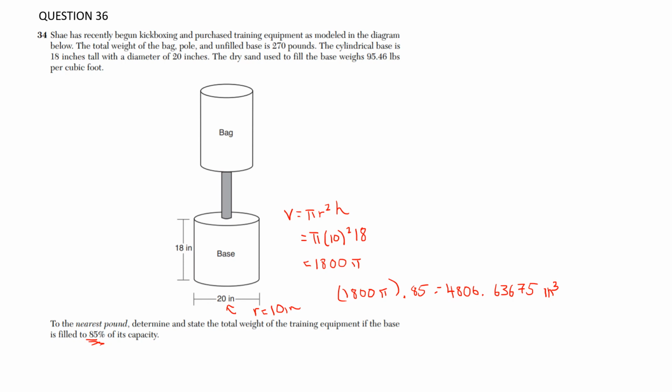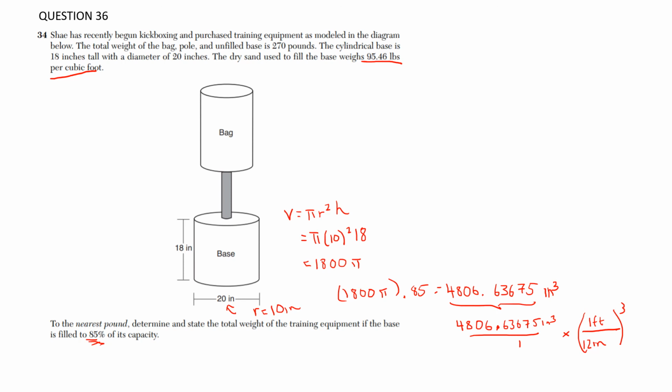And again, the information given to us is that to find the weight of this, we have 95.46 pounds per cubic foot. We calculated this in cubic inches. Let's convert it. We have 4806.63675 inches cubed, and let's try to cancel that out. We know that there's 12 inches in 1 foot, and we can cube this value because it's a cubic, right?